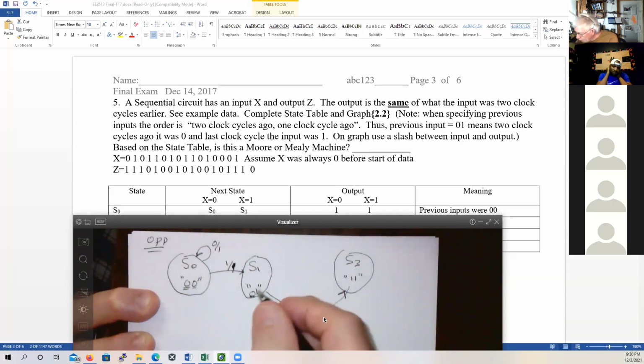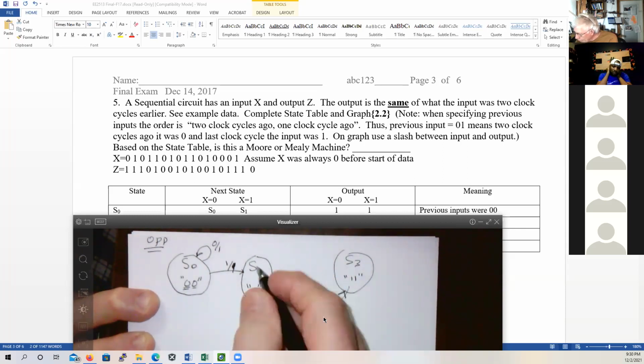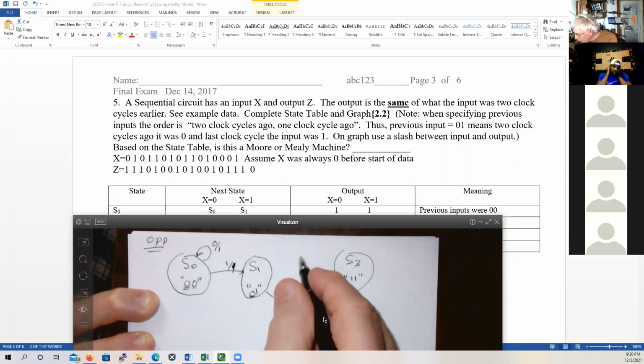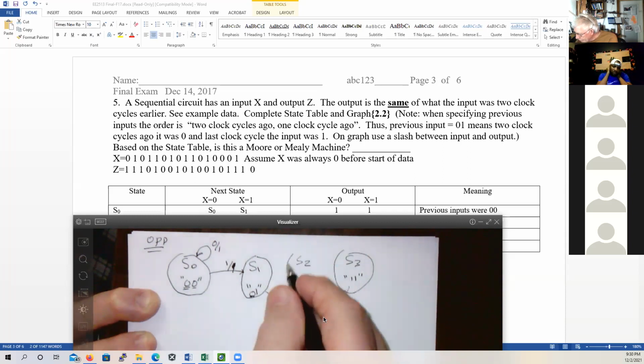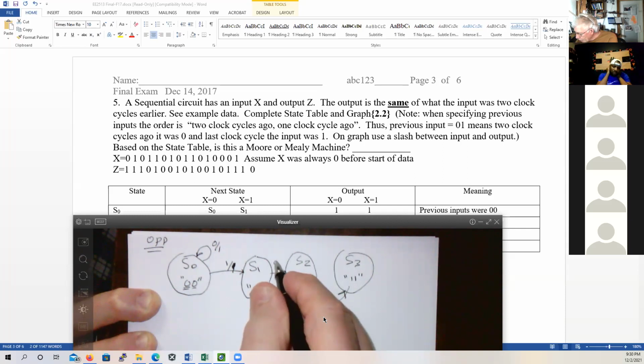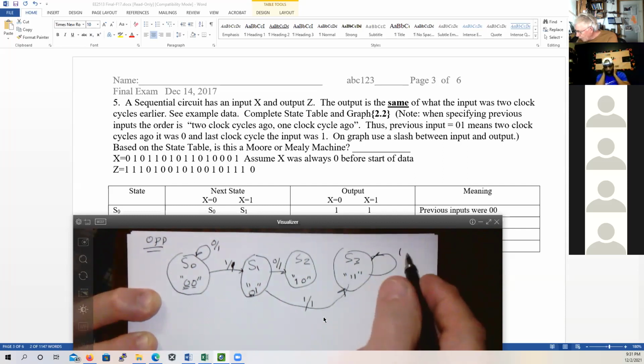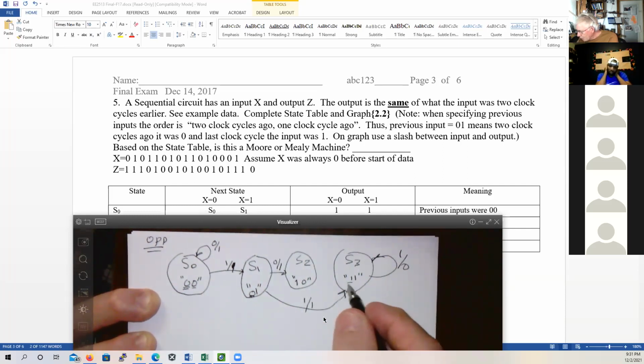And then if we get a 0, now we have oldest is 1, newest is 0, so we need S2, where we have 1 0. We go there on a 0, and we output a 1 because our oldest is a 0. In S3, we stay here on a 1 and output a 0 because it's opposite.